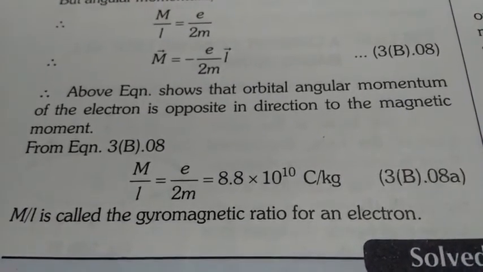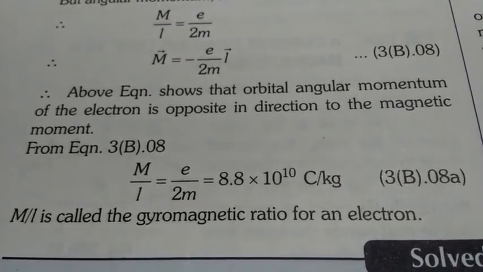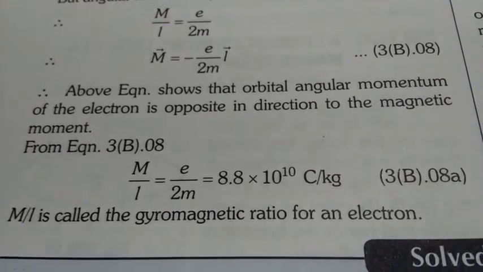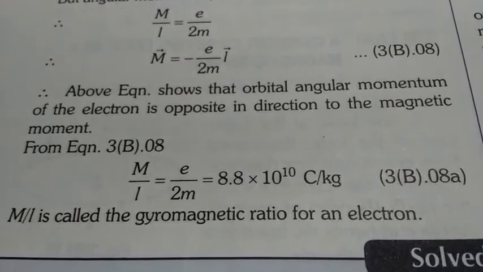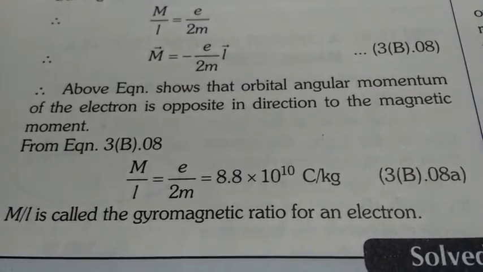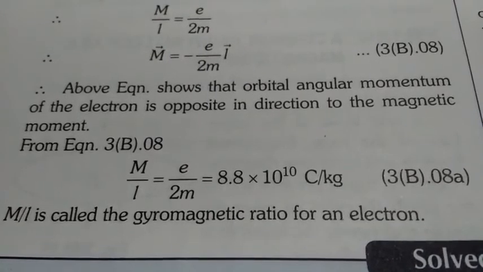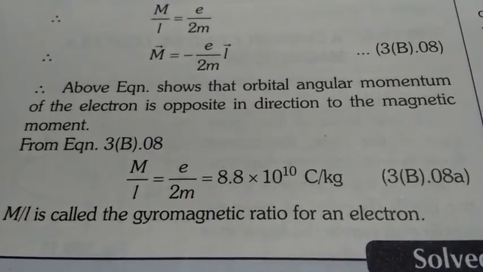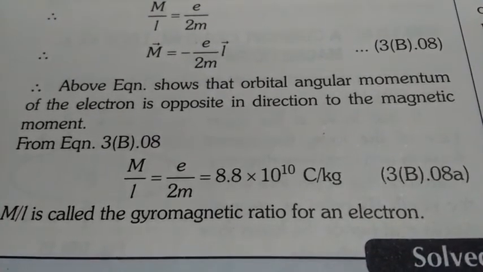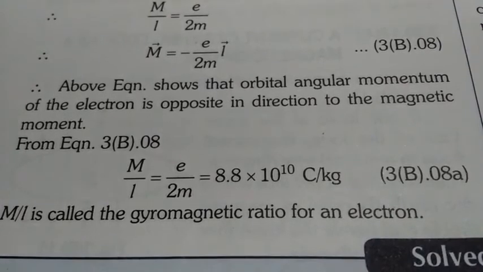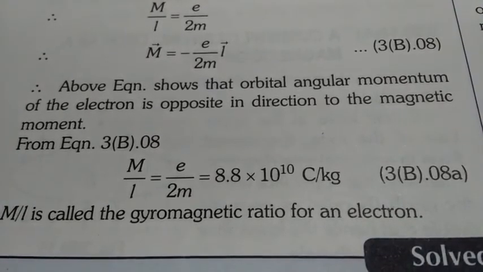It has been asked in exams as well as in competitive exams. So what is the gyromagnetic ratio? The ratio of magnetic dipole moment and orbital angular momentum is called the gyromagnetic ratio, and its value is 8.8 into 10 to the power 10 coulomb per kilogram.